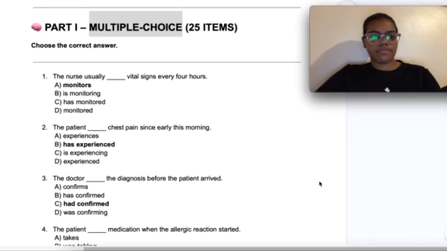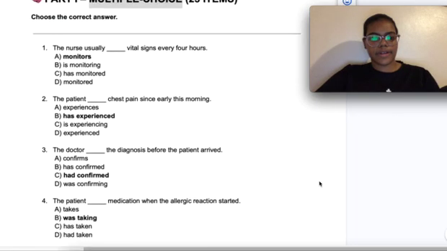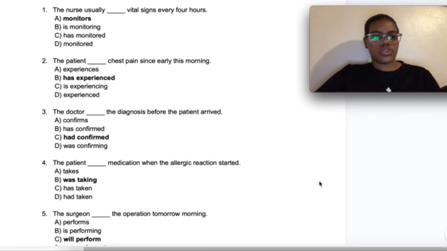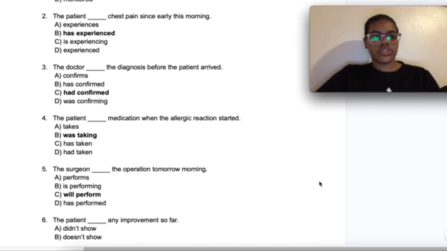Number 1. The nurse usually monitors vital signs every 4 hours. 2. The patient has experienced chest pain since early this morning. 3. The doctor had confirmed the diagnosis before the patient arrived. 4.